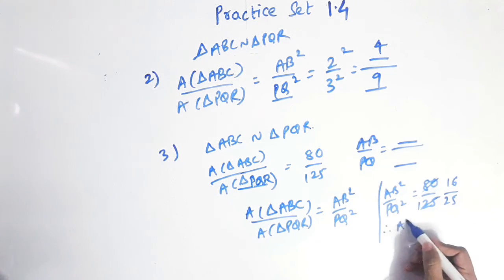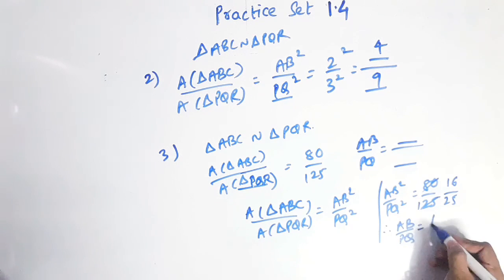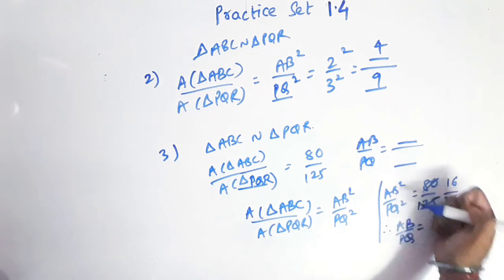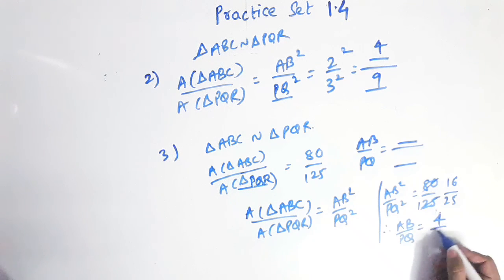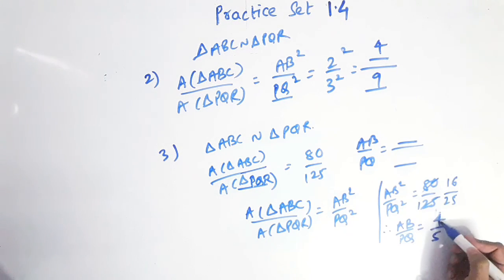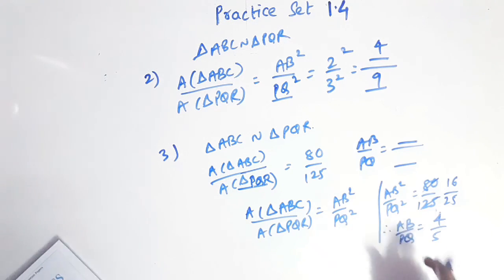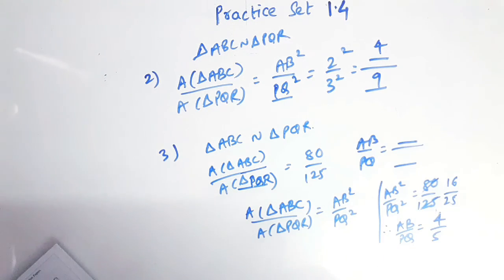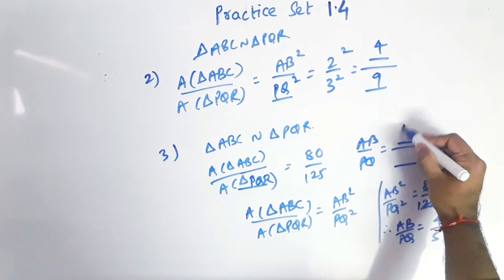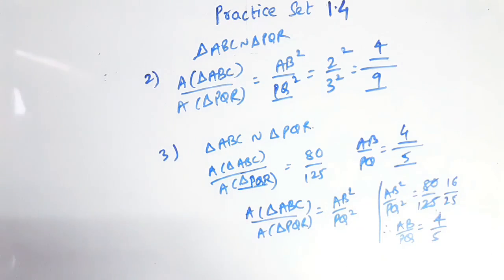Therefore if I take its square root, AB upon PQ is equal to 16 will become 4 and 25 will become 5. So your answer is 4 upon 5. Okay, let us move on to the fourth one.